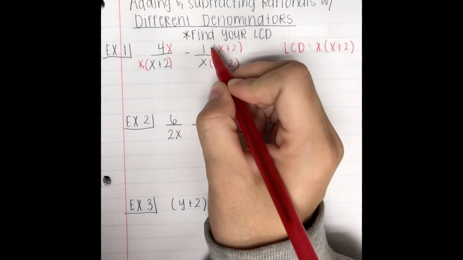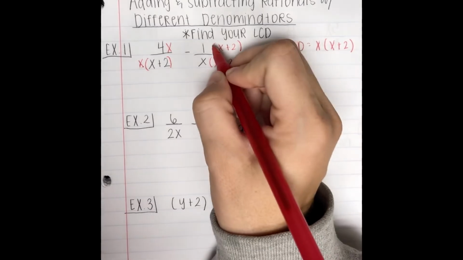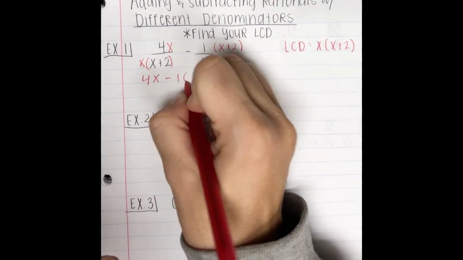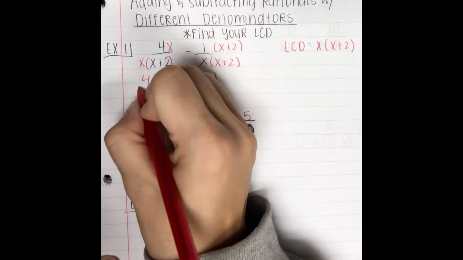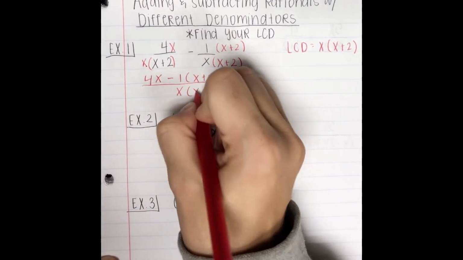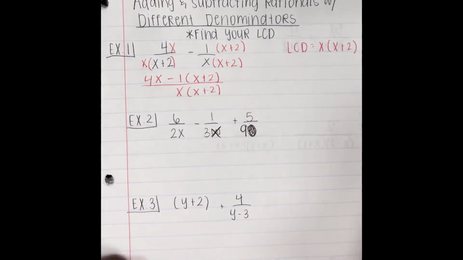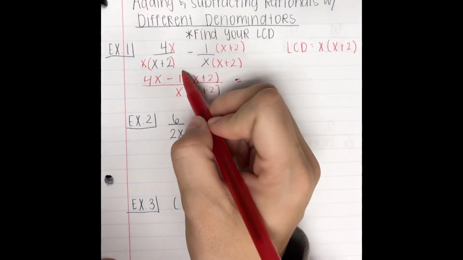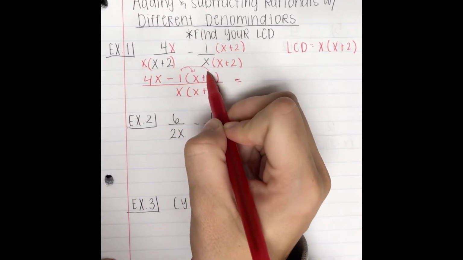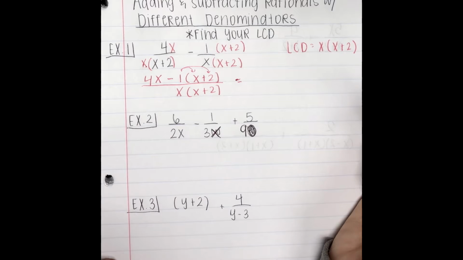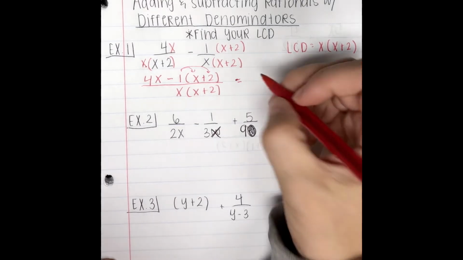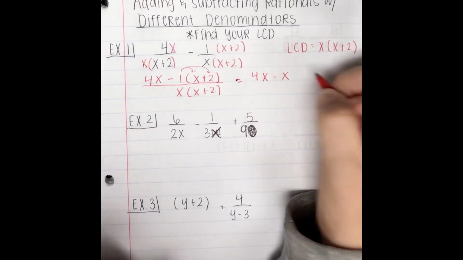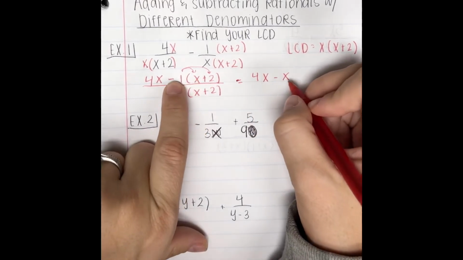But I would also want to, well, I'll just rewrite it. So I now have a 4x minus a 1 times x plus 2 over x times x plus 2. Okay. So I need to distribute this 1 to everything. Okay. So I'm going to have a 4x minus x, because negative 1 times x would be a negative x.